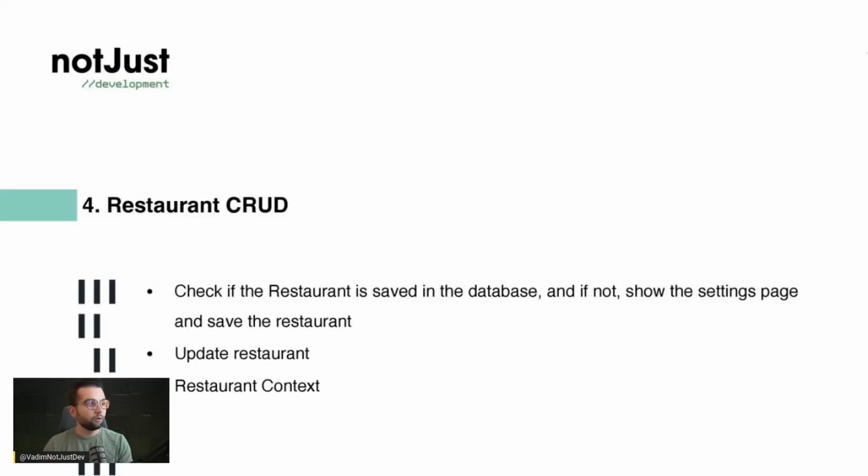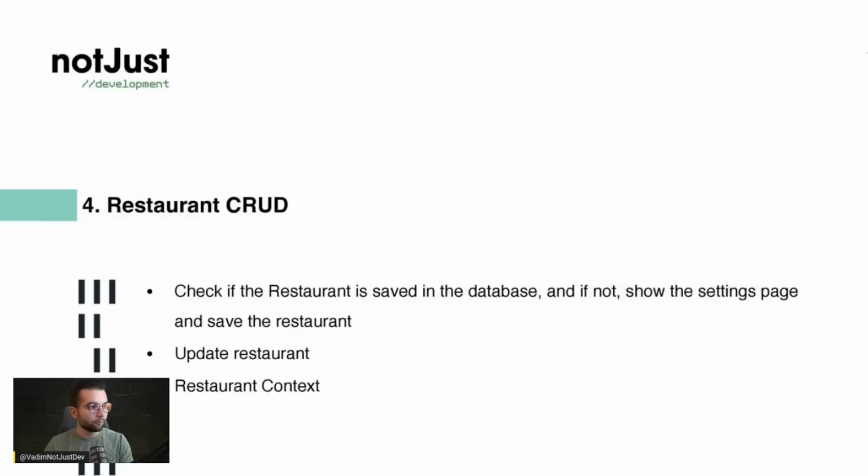So here we will need to create a context. Let's import createContext from React, and let's create the context: RestaurantContext equals createContext. Now let's define a component that will render this context provider.